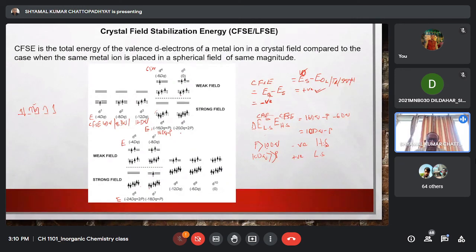So ultimately, if you take the crystal field stabilization energy, it is 20 Dq minus 2P. So 20 Dq minus 2P means it is actually a contest between 10 Dq and P. So 10 Dq and P, their contest will decide whether you get a low spin or high spin. If 10 Dq is larger, then you get the low spin. If P is larger, you get the high spin.